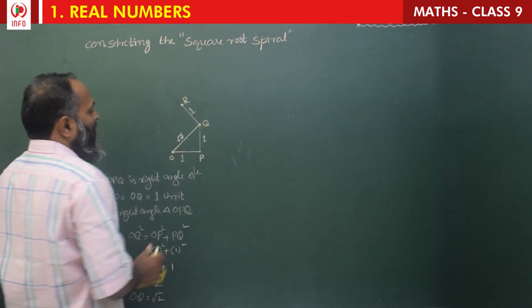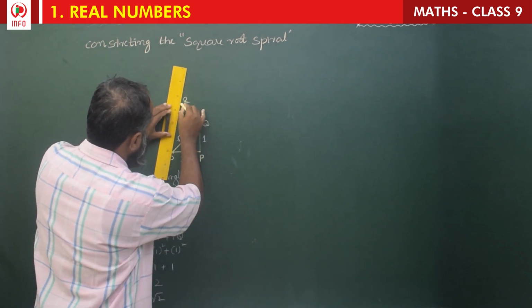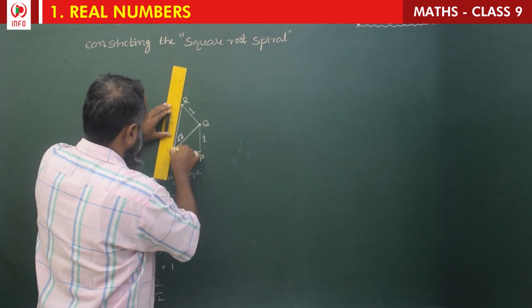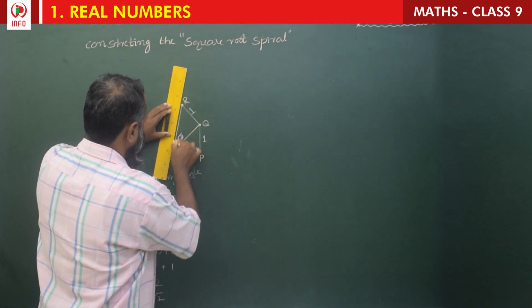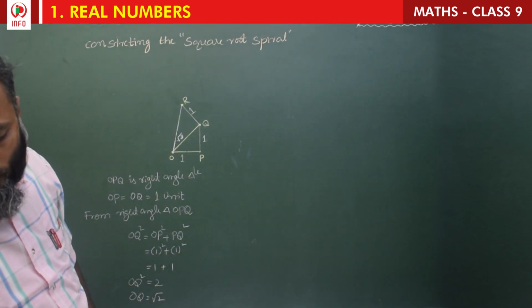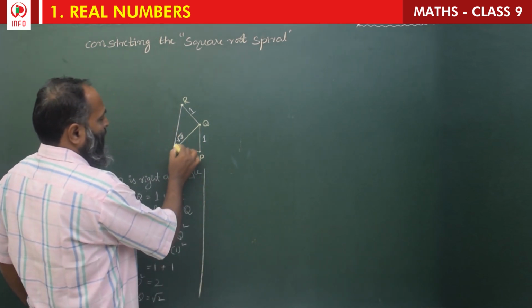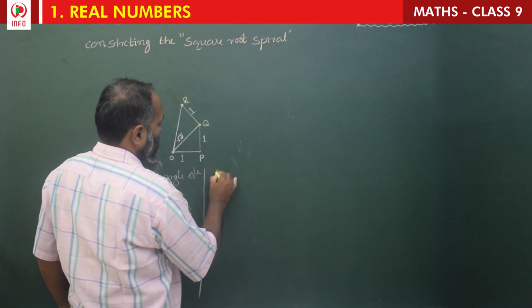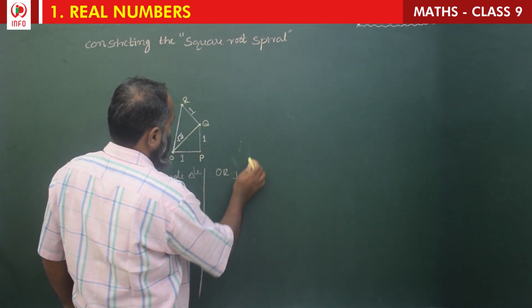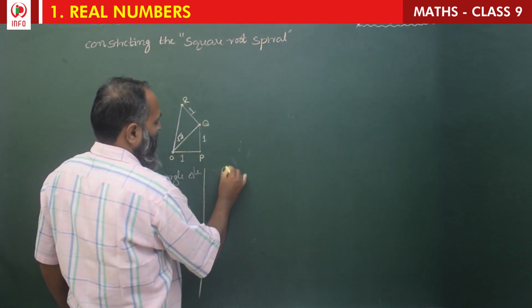This is 1 unit. Now you join OR. OQ is perpendicular to QR.